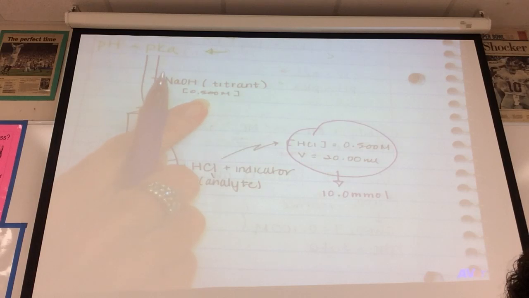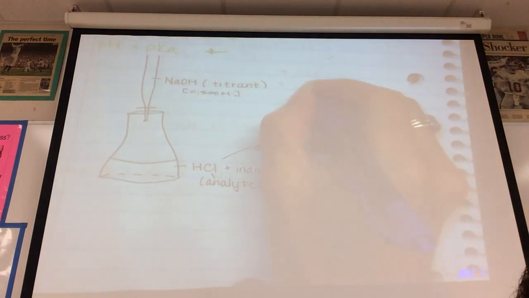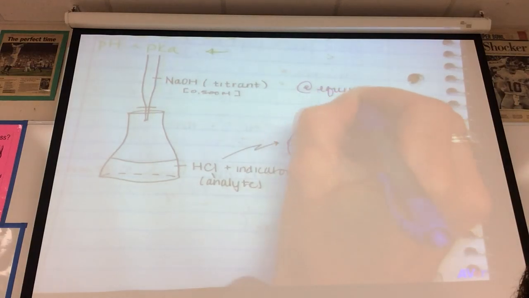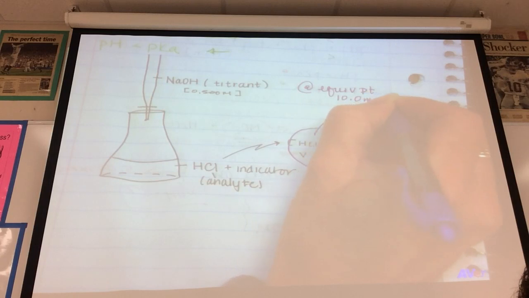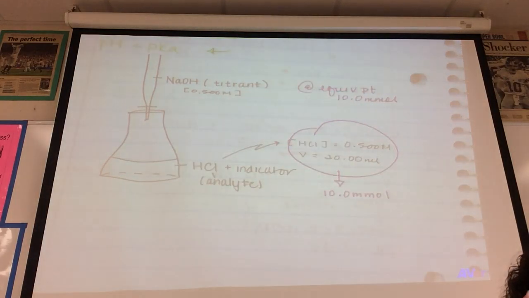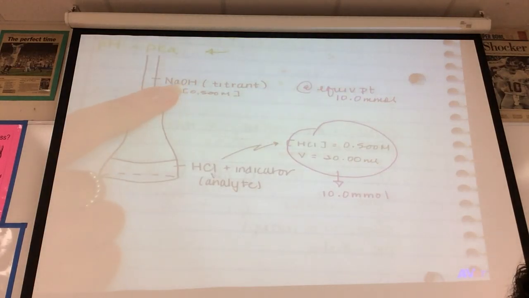So how many millimoles of sodium hydroxide do I need at the equivalence point? 10. You need the same, 10. What volume of titrant must I add at the equivalence point? 20 mils. Why? To make it 10 millimoles.